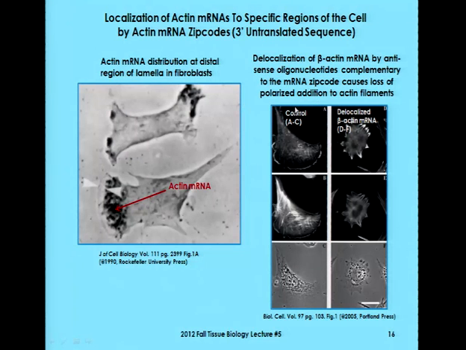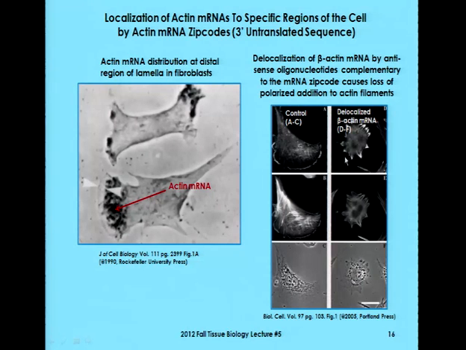So in the control cells here, the micrograph in A is showing the incorporation of actin in fibroblasts, and you can see that the label is polarized to the leading edge or the front of the cell. But in cells where the messenger RNA was delocalized, those cells do not have a polarized addition of actin.